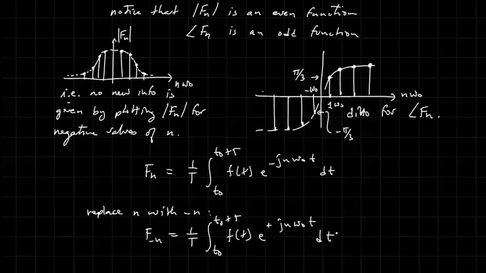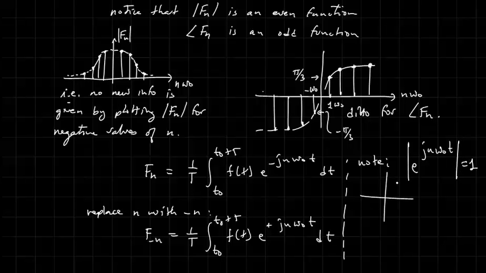If you look at that, note the magnitude of e to the j n omega naught t. What is the magnitude of that? It's always 1, right? Because we're on the unit circle, with the imaginary and real axes. So regardless of whether you have a minus sign in front of your exponent, it's not going to change the fact that that has a magnitude of 1.